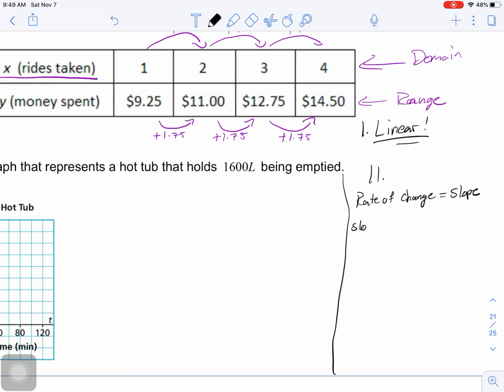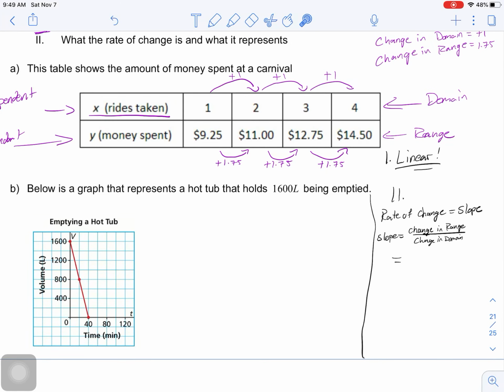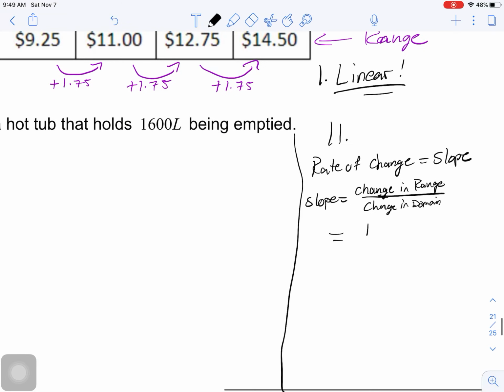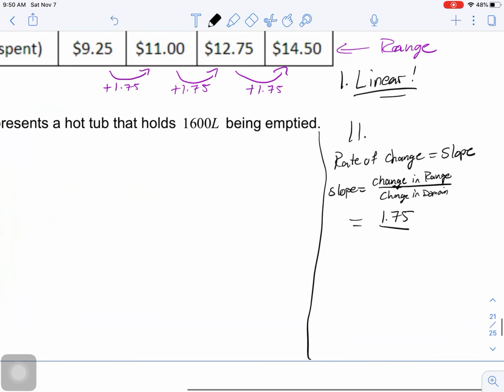And we just talked about how slope is the change in range over change in domain. So let's take the range values. The change in range, which we talked about, is 1.75 over our change in domain, which is 1.